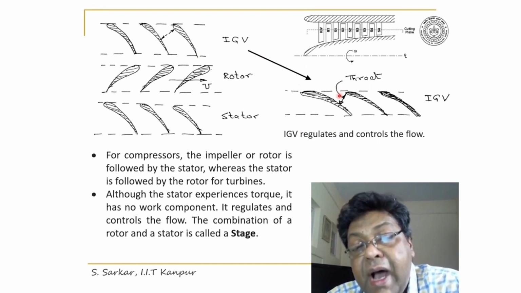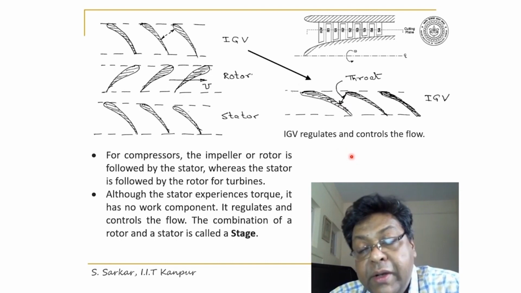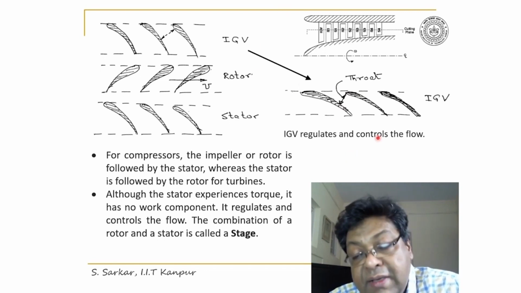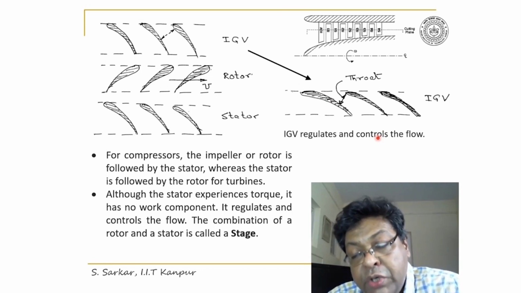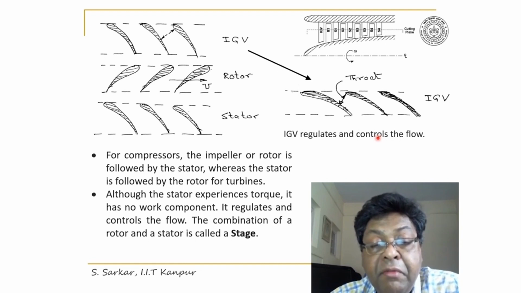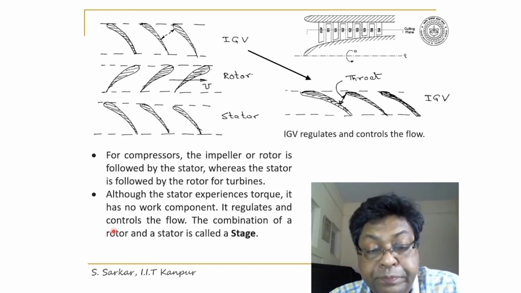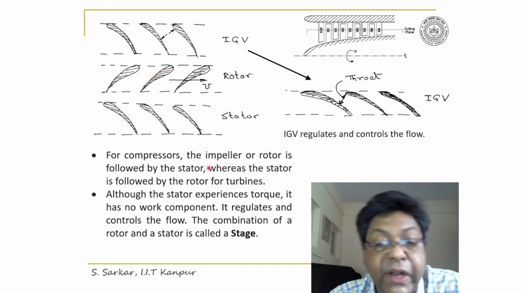By tilting the IGV, I can increase or decrease the effective area through which the fluid passes, and thus I can control the mass flow rate. So the function of IGV is to control the flow.